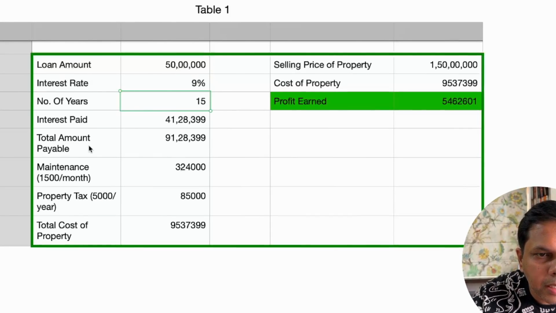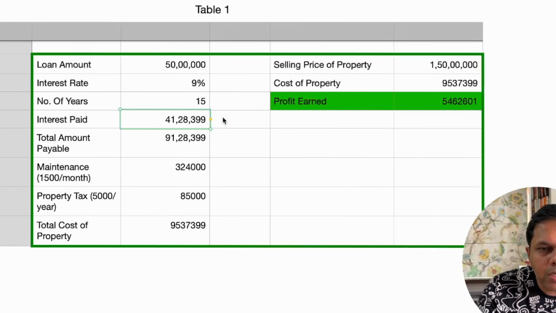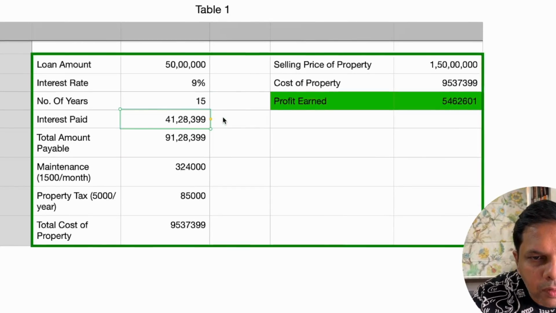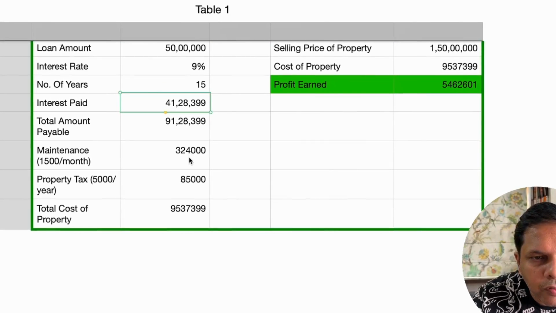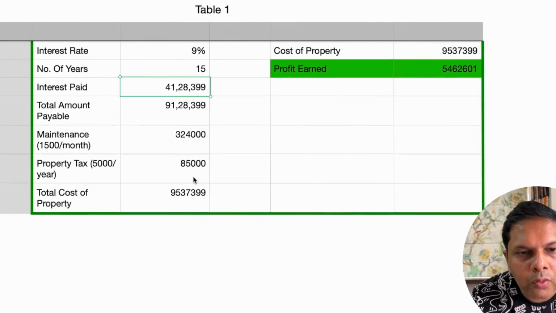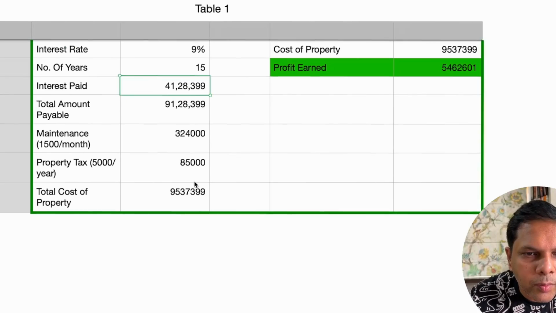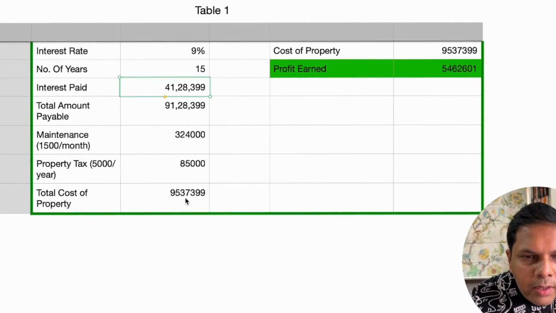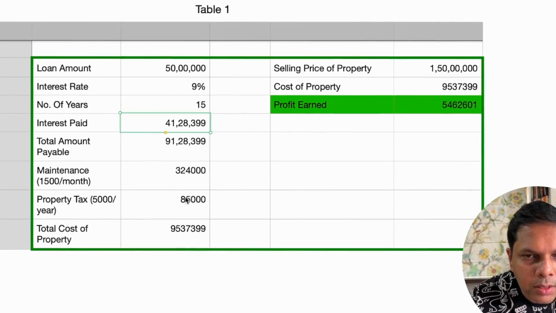So in totality, the person would have made a total payment of 91 lakhs, out of which 41 lakh would have gone as interest and the remaining 50 lakh as principal, right? I have also factored in the maintenance cost and the property tax. So the total cost of the property comes to around 95 lakh rupees, 37,000 odd rupees, right?